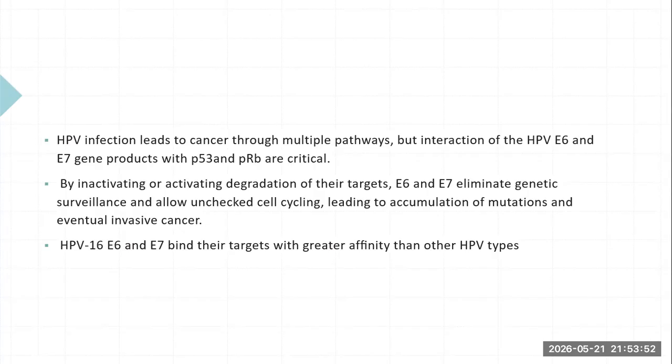And that is why, again, I emphasize there is no point in doing high-risk HPV DNA testing alone, because a lot of other markers and co-testing or triage is to be used.